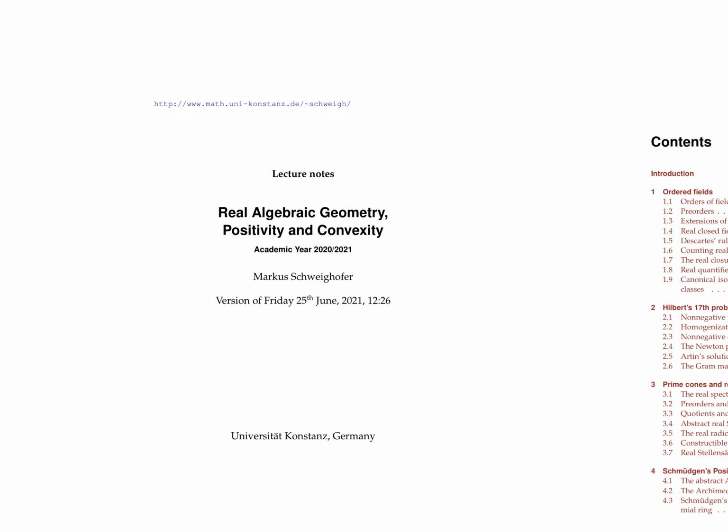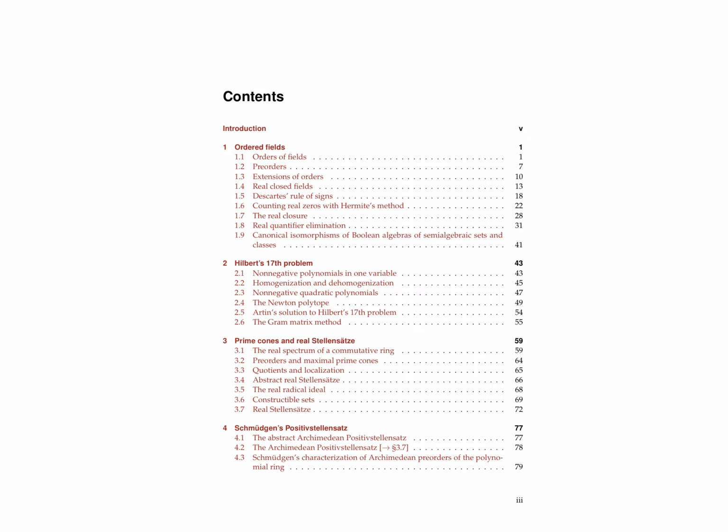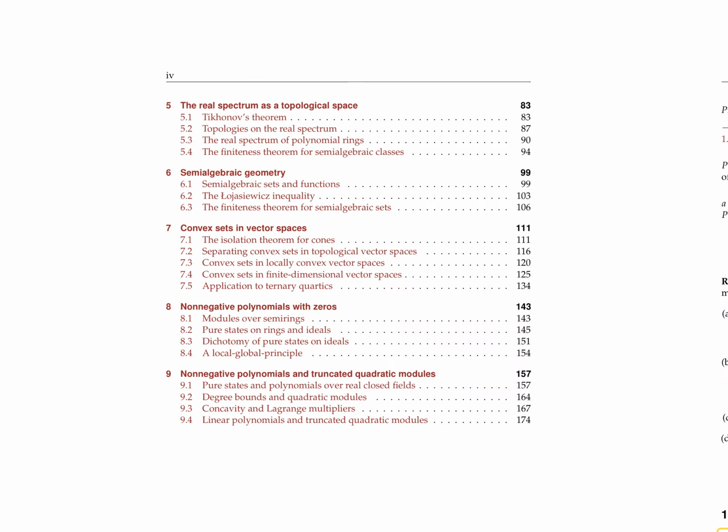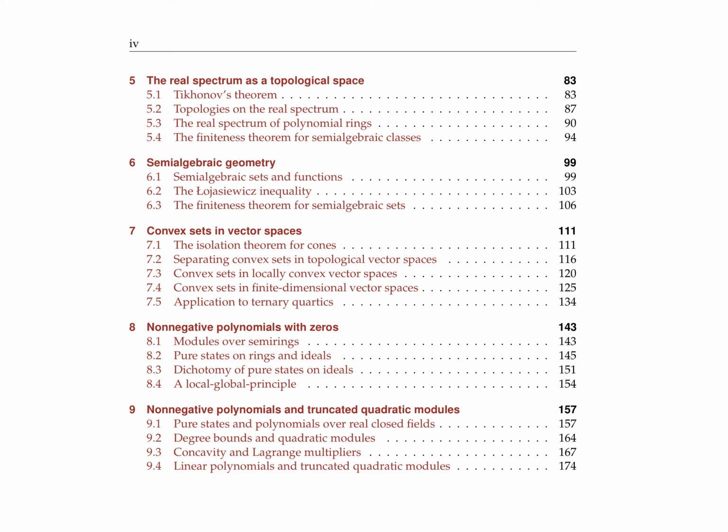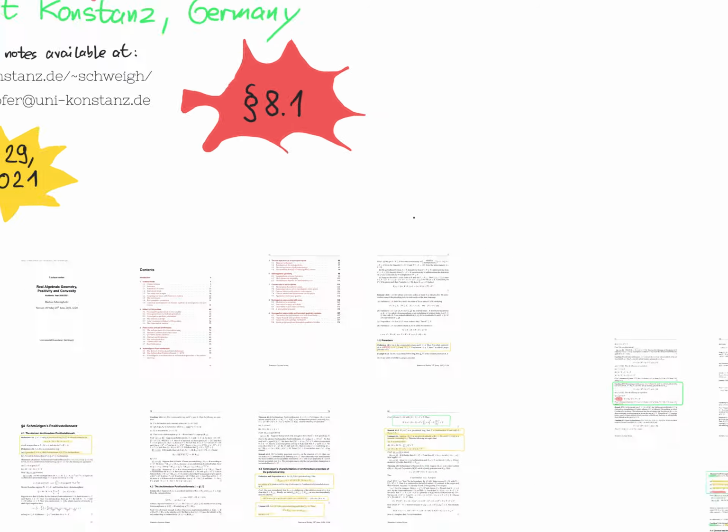Welcome everybody. So today we start a new chapter in our lecture notes, namely chapter 8 on non-negative polynomials with zeros. So what is this about? You know that for being non-negative, if you have a polynomial that is non-negative, possibly has zeros, right?